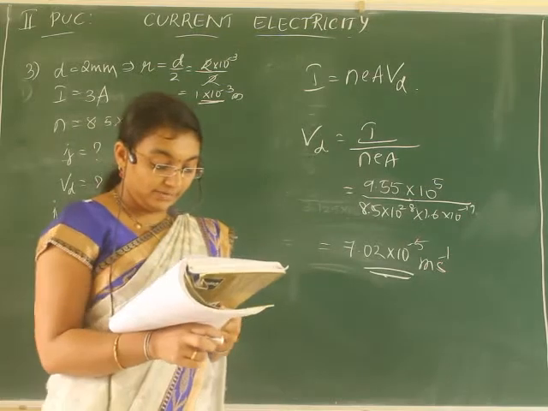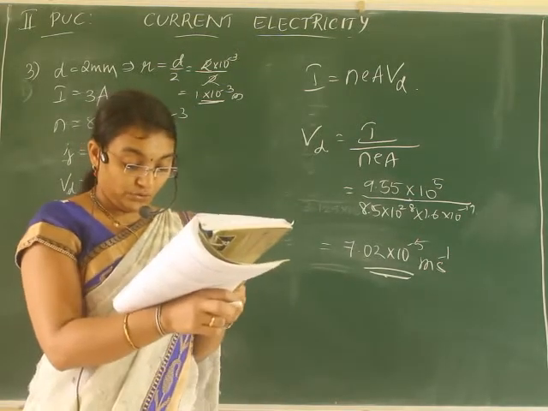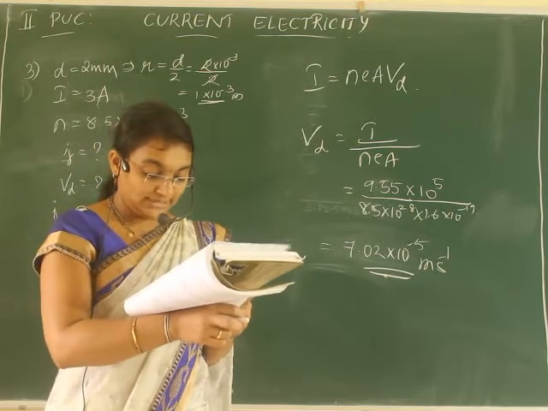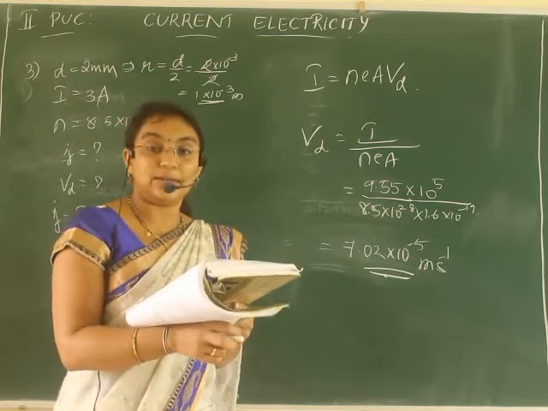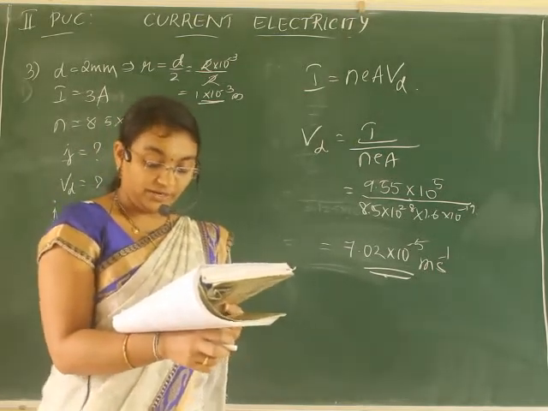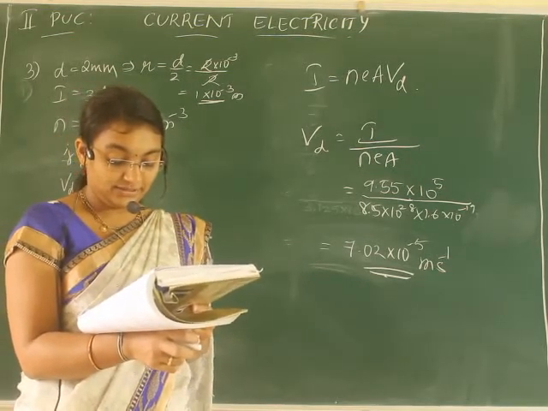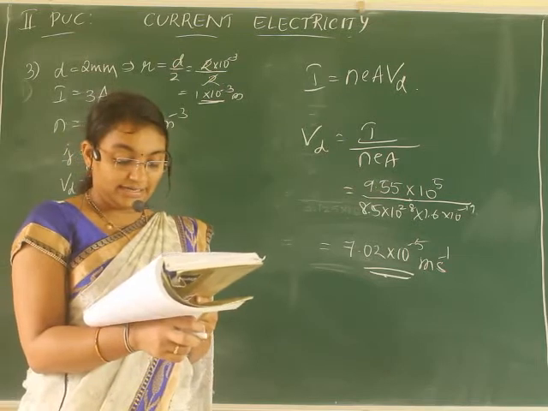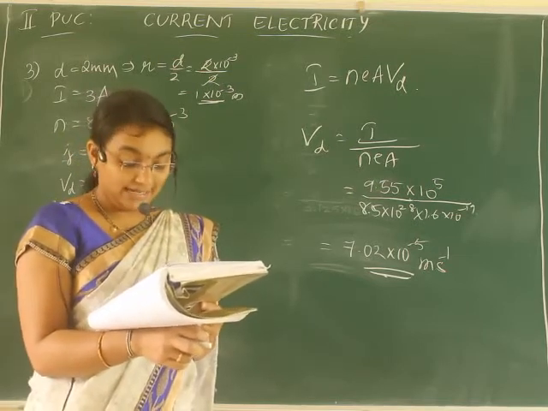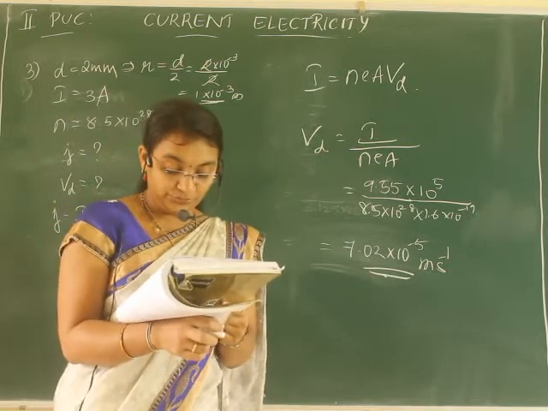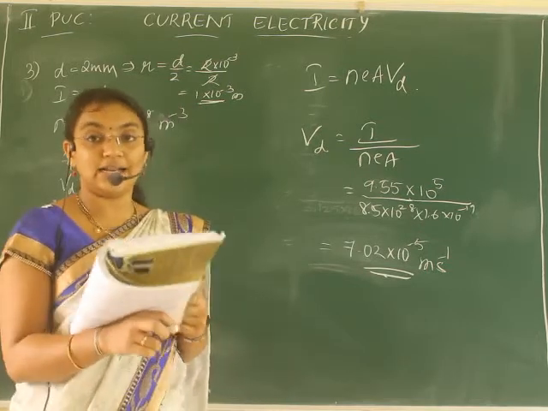6.25 into 10 to the power 18 electrons flow through a given cross section in unit time. What is the current? The number of electrons flowing through a cross section in unit time is given. Time is 1 second, correct? You have to calculate the current. I is equal to Q by T. But we don't know Q, because for one electron we know.